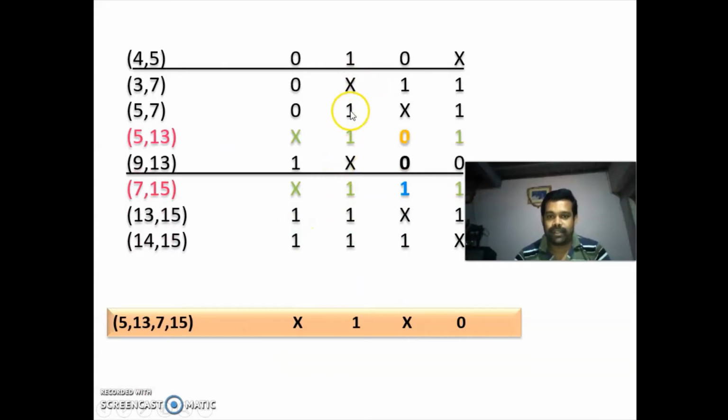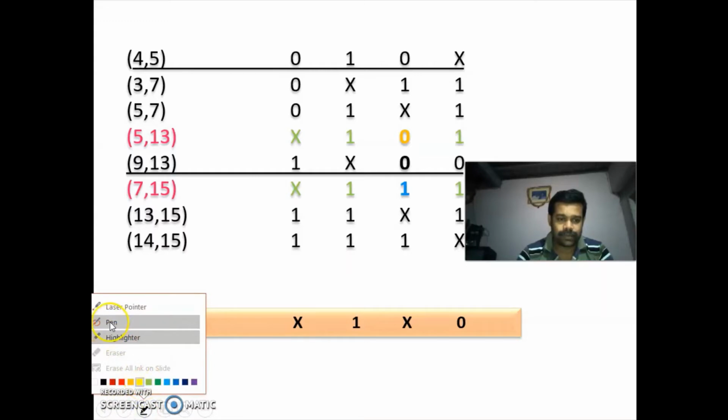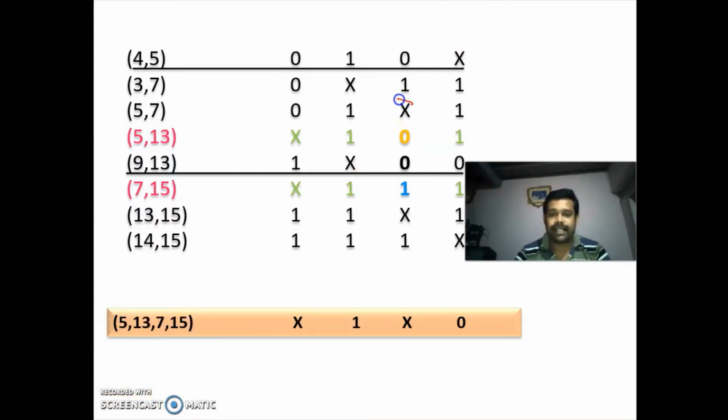So first we have taken the x in this position. You have taken x in the second position. First 3 7, you have checked for x in the second position. We are not having any x in the second position. Now we are checking any x in the third position.